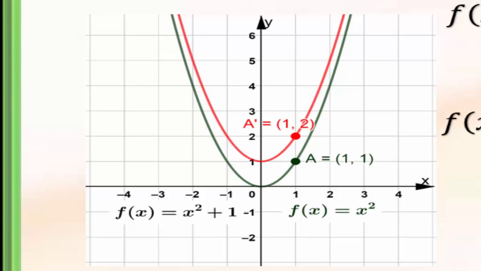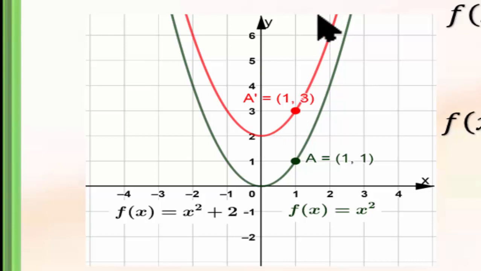And if we move it 2 units upward, it becomes like this, and the equation f(x) changes to x squared plus 2, and the point (1, 1) becomes (1, 3). We added 2 to the y, which is 1. 1 plus 2 is 3.